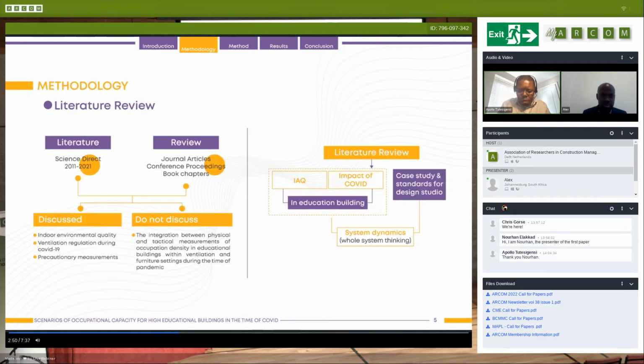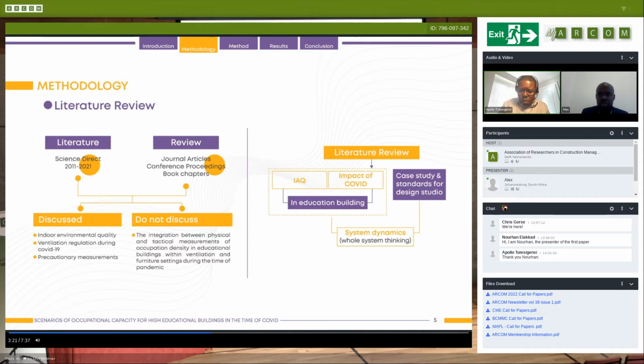The literature review is the data collection from journal articles, conference papers and book chapters by using the Science Direct database with a range of years from 2011 to 2021. I found that they discuss the parameters separately, including indoor environmental quality, ventilation regulation during COVID-19, and precautionary measurements, and do not discuss the integration between these parameters in higher education buildings.